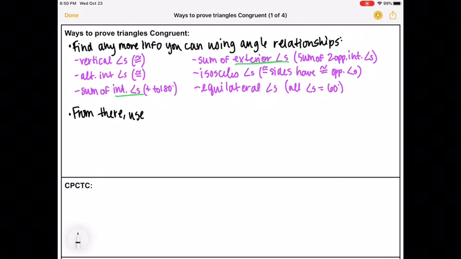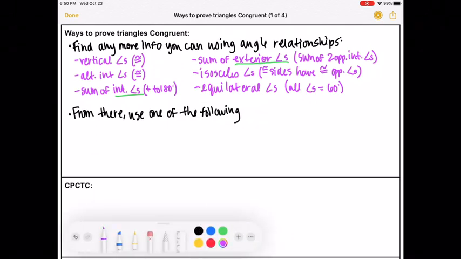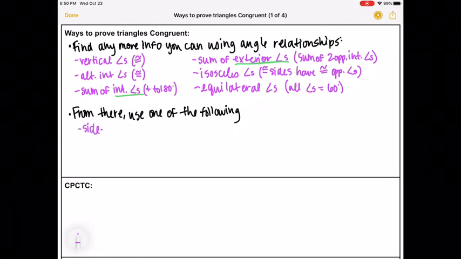So, side, angle, and so on. Let's recap these. So we have side, side, side. When I say this, remember that with the two triangles, they have a side that's congruent, a second side that's congruent, and a third side that's congruent. So all these names are talking about things that are congruent.